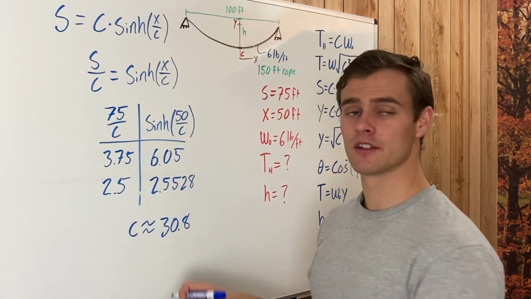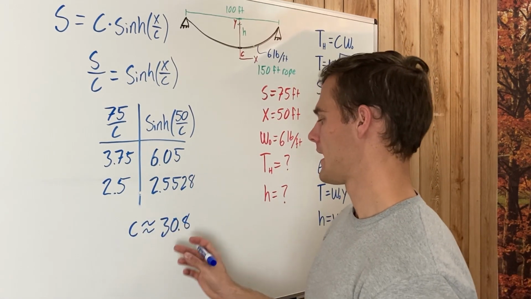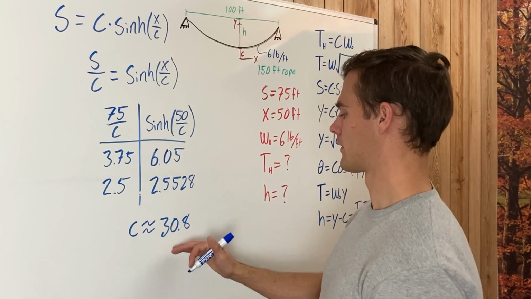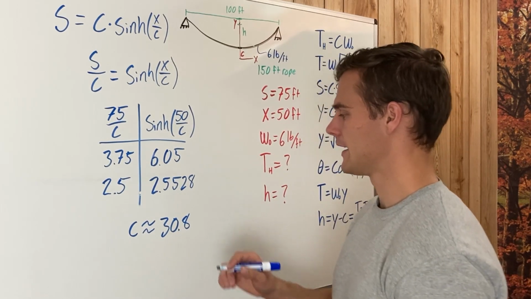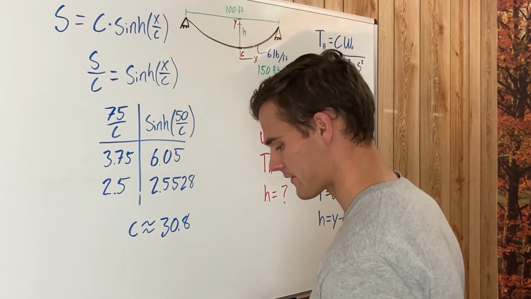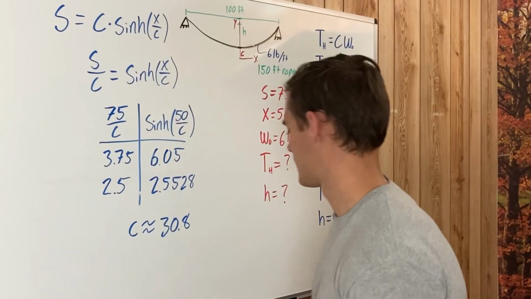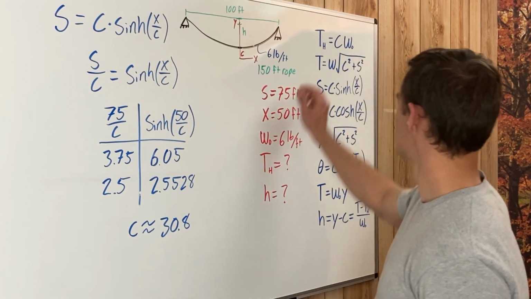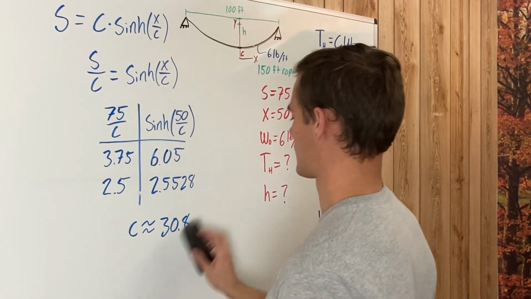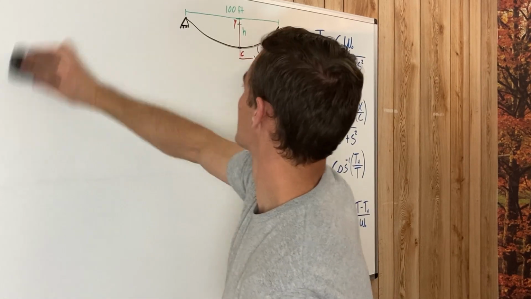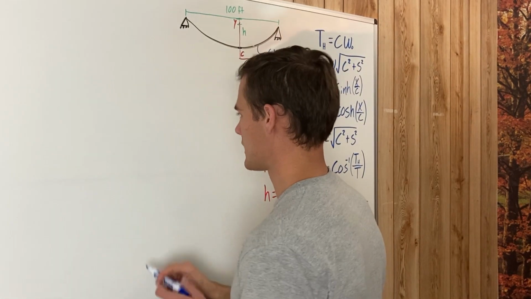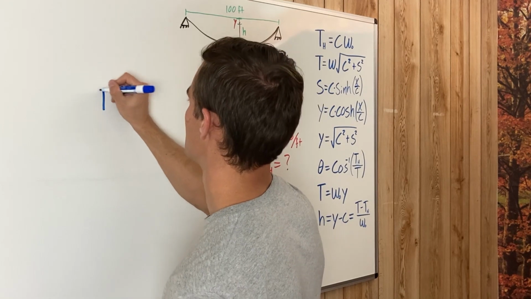Once that's switched, you know you've gone too far, and it's somewhere before the value that you just plugged in for C. Now that we have C, we can use this equation and plug it in, and we get our horizontal tension component, which is our minimum tension.